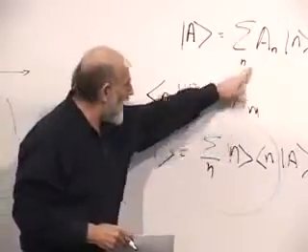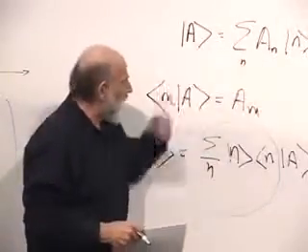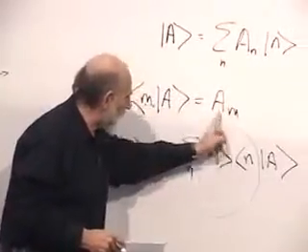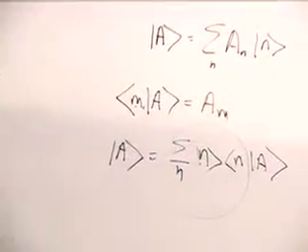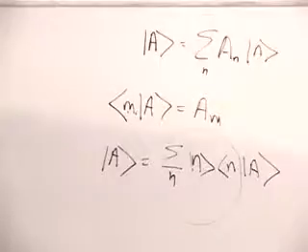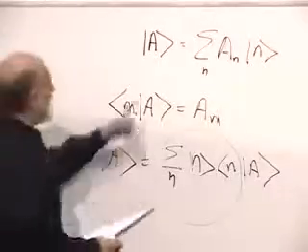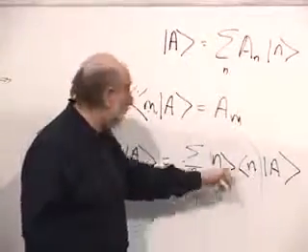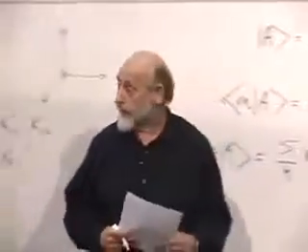If I know all the coefficients A sub m, I know the vector A. In particular, if I have a specific basis picked out, the set of coefficients is a representation of the vector. These are the components of the vector.